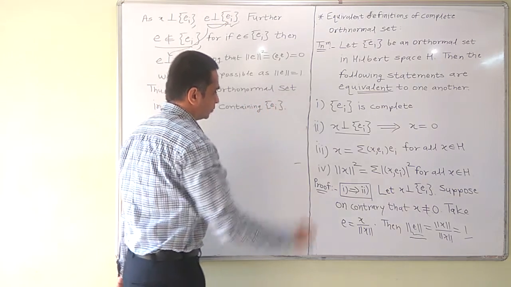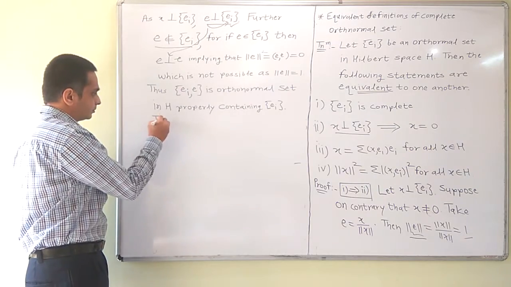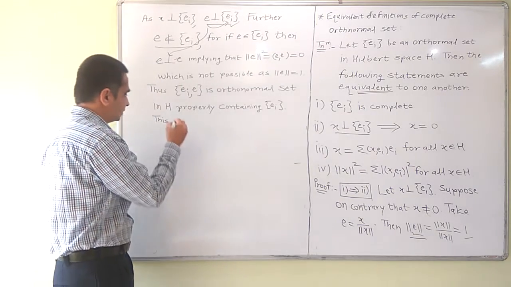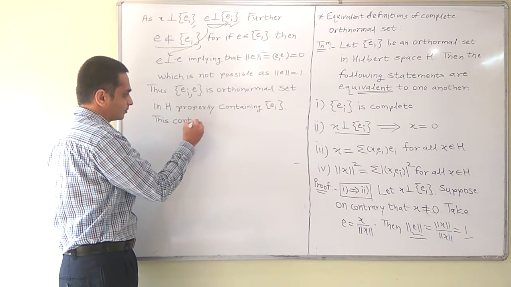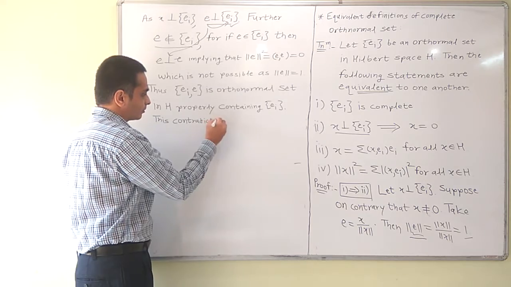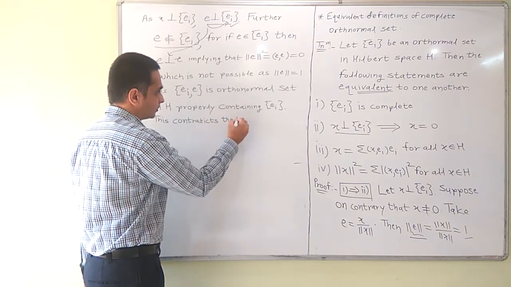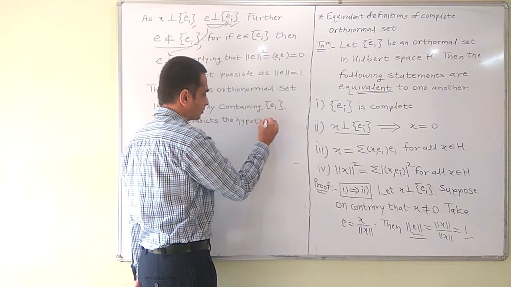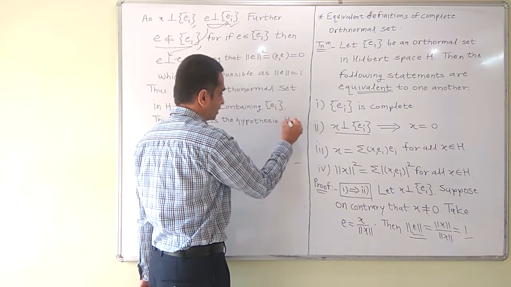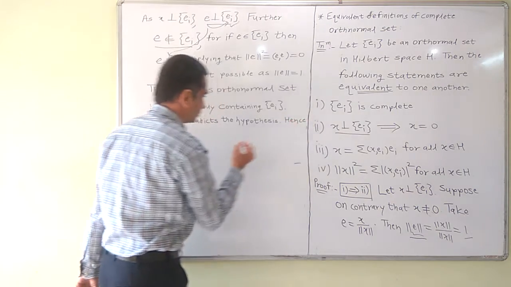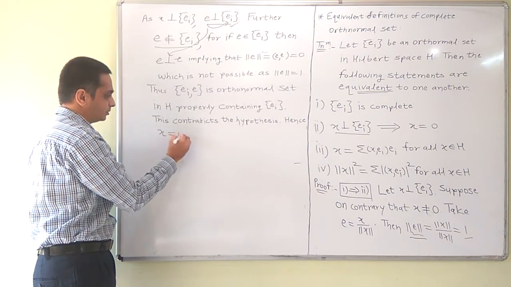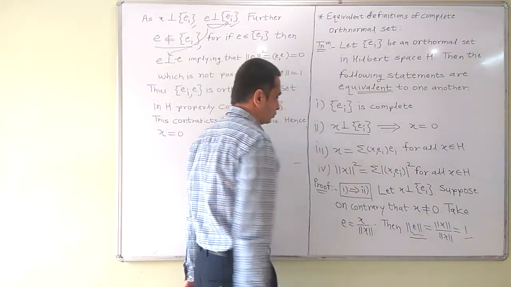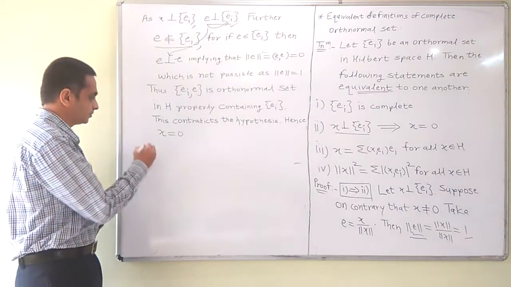This contradicts the hypothesis, because what is the hypothesis? That E_i is complete. This contradicts the hypothesis that E_i is complete. Hence, our assumption was wrong. Hence, x must be equal to 0. So this is what we wish to prove in the proof that first implies second.